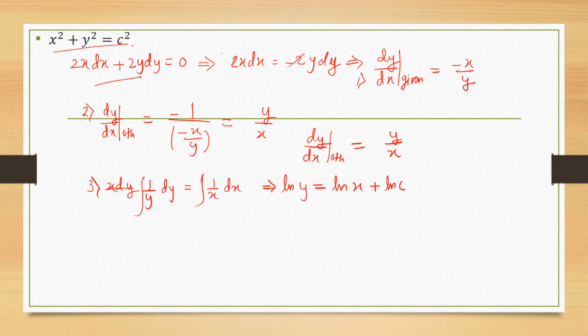Cancelling out the log, if we simplify the above equation, we will get y equal to x into c. So this is the equation of the orthogonal family of the given curve. In this way we can determine the orthogonal families by the variable separation method.